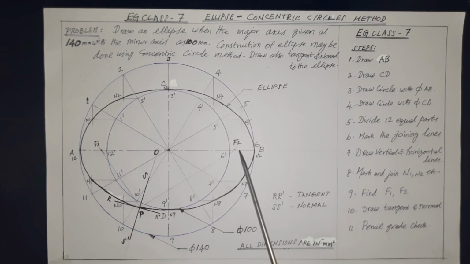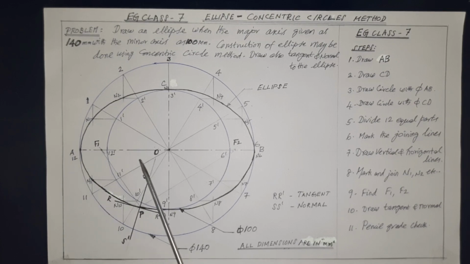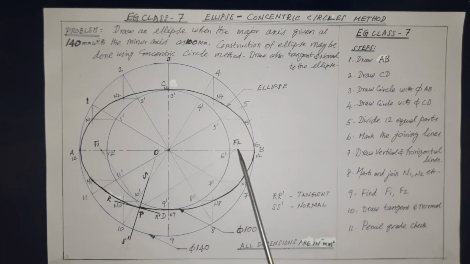For this, take the value of 140, that is the major axis diameter, divided by 2 equals 70 millimeter. 140 millimeter is the given data. Now, this 70 millimeter is taken as the distance in the compass and marked as an arc from point C to F1, C to F2 on the major axis, thus getting 2 points F1 and F2.